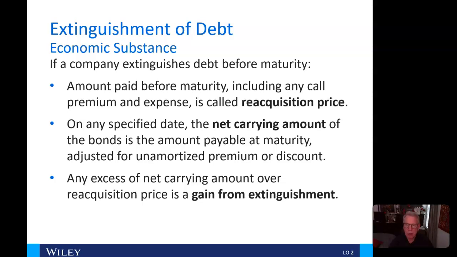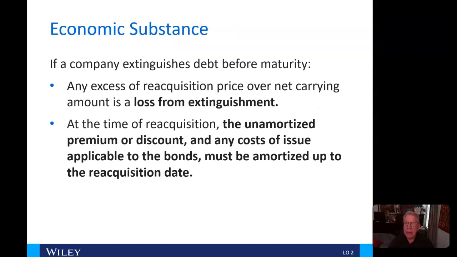Any excess of net carrying amount over reacquisition price is a gain from extinguishment, and any excess of reacquisition price over the net carrying amount is a loss from extinguishment.